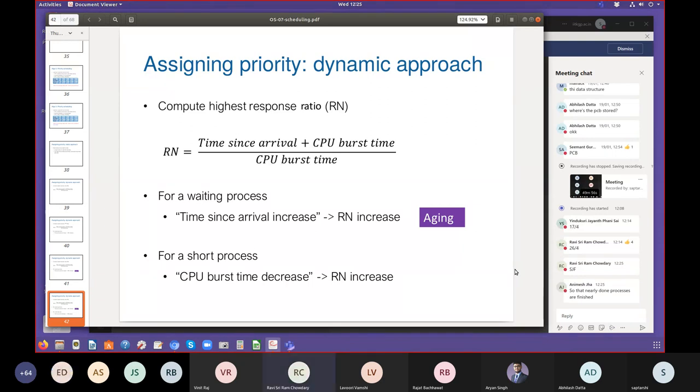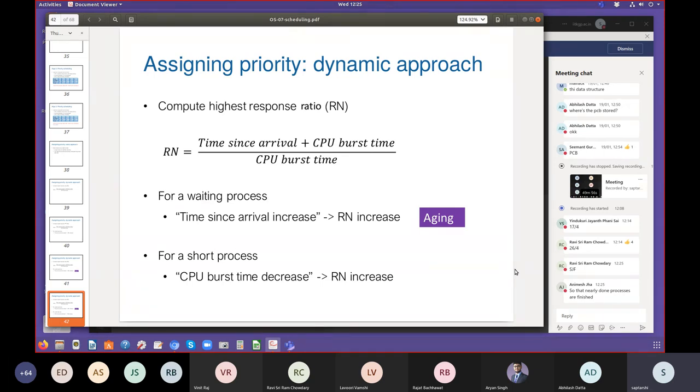Yes, sir. So the process that has the shortest remaining time will get higher priority if the CPU burst time is decreased. Okay, yes, true. Animesh also mentioned the same thing, and that is the idea.